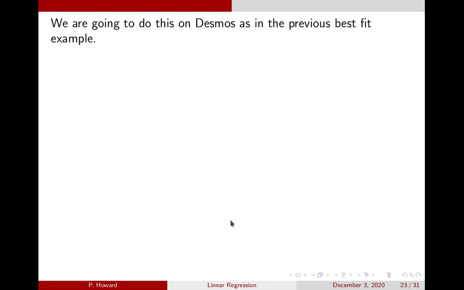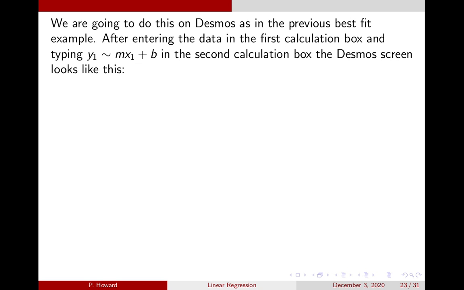And as before, we're going to use Desmos to do this linear regression problem. So as before, we will enter the data in the first calculation box. In the second calculation box, we will type y1 tilde mx1 plus b.